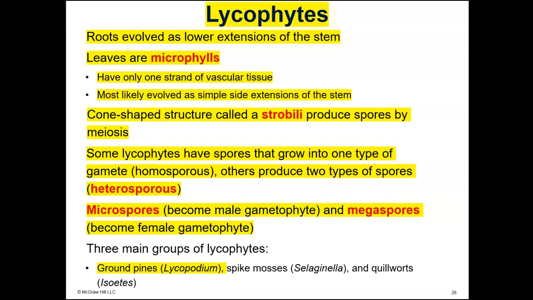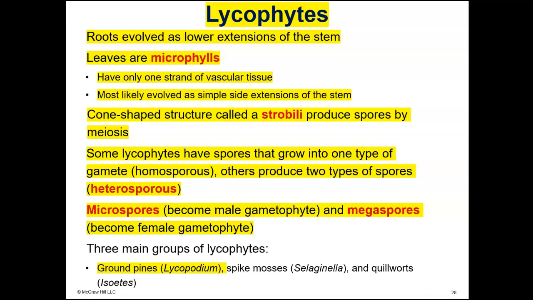The leaves are called microphylls because they're small and they only have one strand of vascular tissue, like one little vein that runs down the middle of each tiny leaf. They also have structures called strobili, which are cone-shaped and produce spores. They're like little miniature cones.